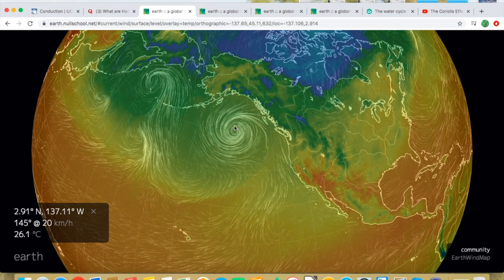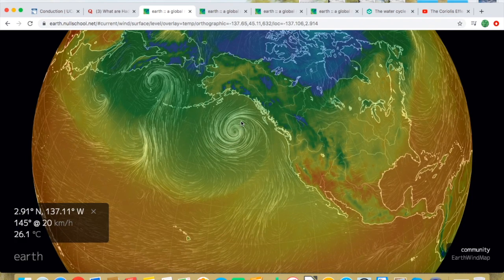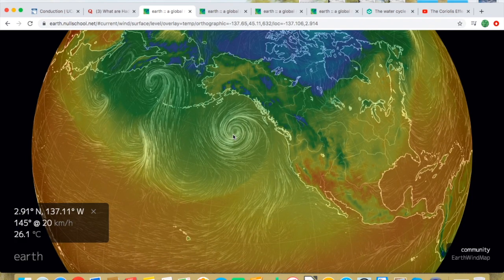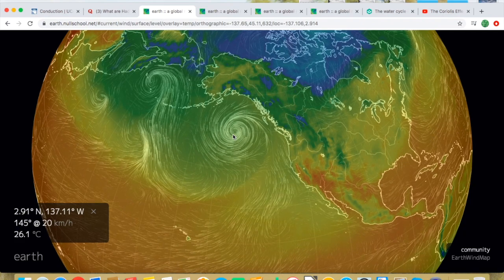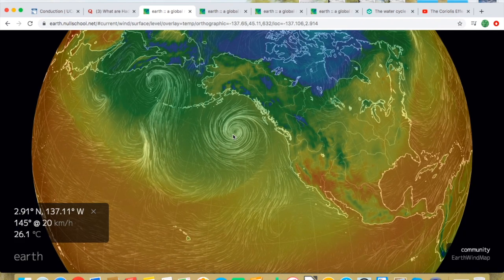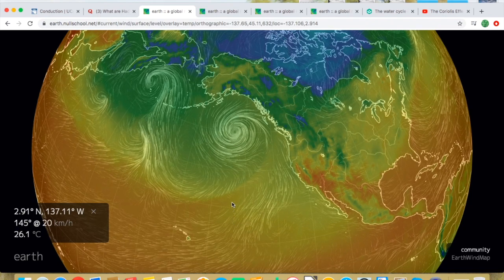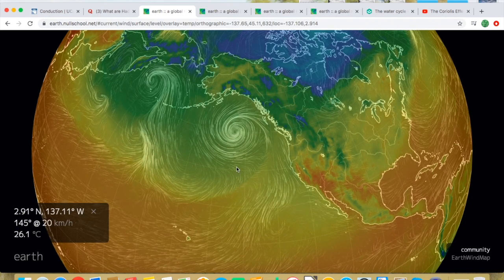Here's an example of what's called a weather system. It looks like a tornado you've probably seen on the internet before, or TV or whatever. Air from the equator is moving up.